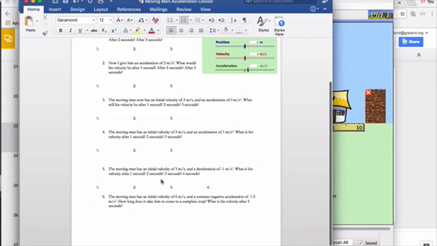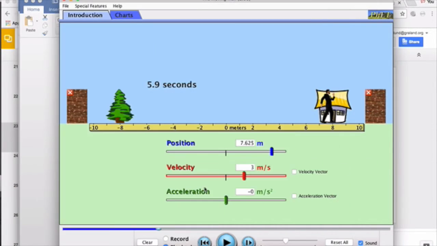Going back here, if you start with an initial, that word initial just means first or in the beginning or at the start. So right off the bat, he's got a velocity of 3 and an acceleration of 1. Let's start at -10 again and see what that looks like.